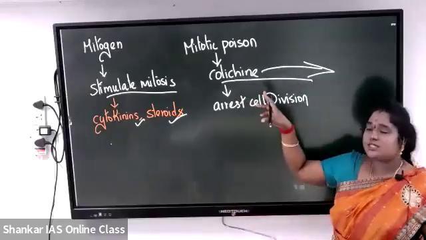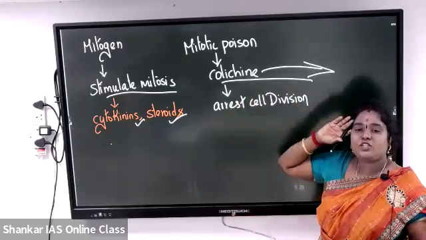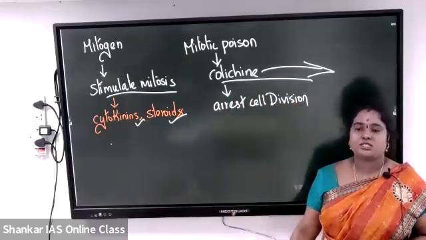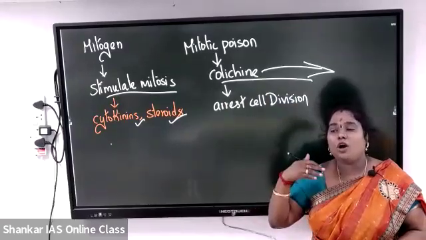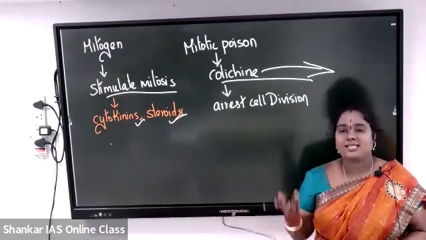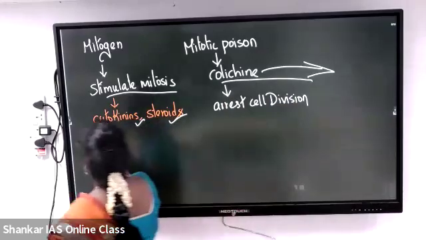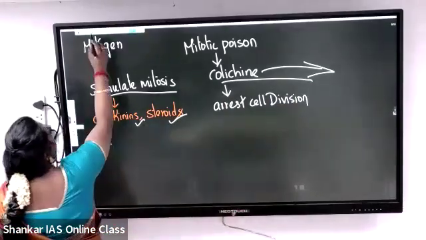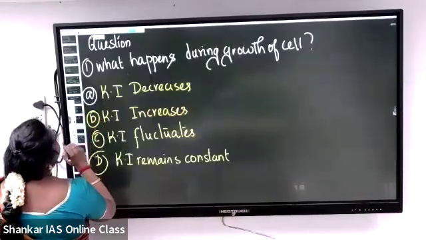So mitotic poison is that which hinders, or makes an obstacle, or halts the process of mitosis. In the initial slide, we were talking about what stimulates the growth: hormone and cyclin. And in the next slide, we were talking about what is mitogen and what is mitotic poison. Mitotic poison is a chemical or a substance which will arrest the process of cell division.